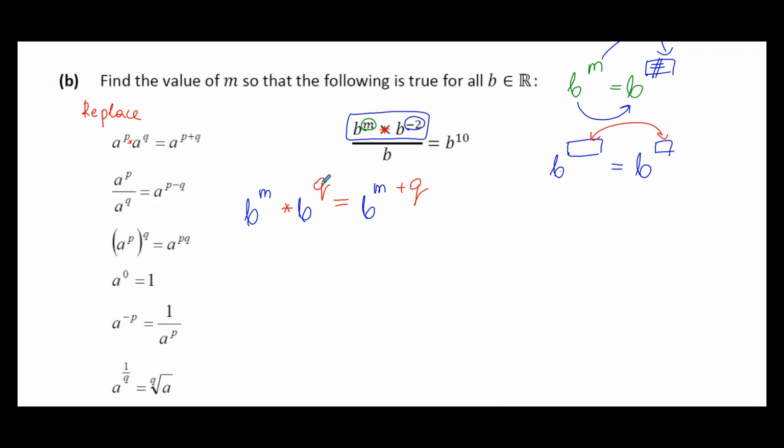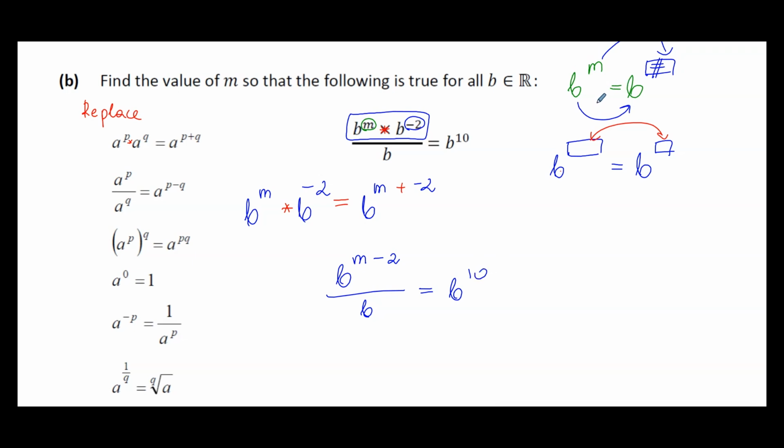So we're going to replace q here and q here with minus 2. Okay, so that means those two b's together can be written as one b: b^(m-2). Now, let's not forget it's still divided by b, and then I have b to the power of 10 on the other side. Okay, so I am getting there.